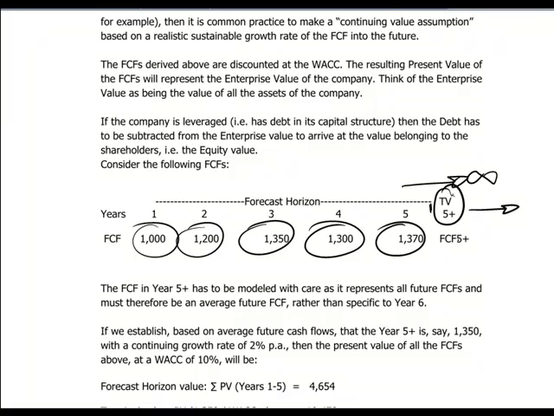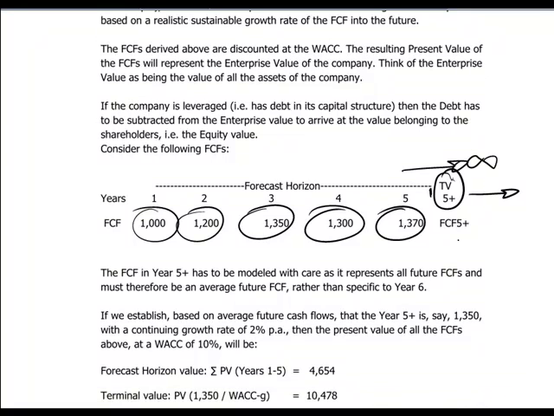When we achieve this, then we simply need to discount our free cash flows for the forecast horizon, add them together to the present value of the perpetual cash flows that occur from year 5 plus going forward.